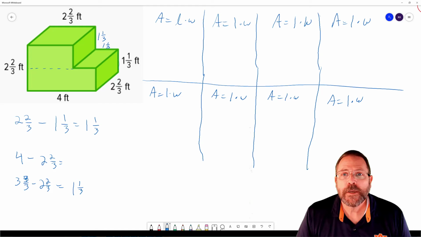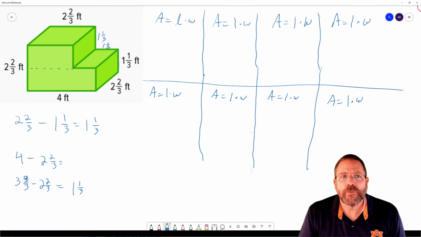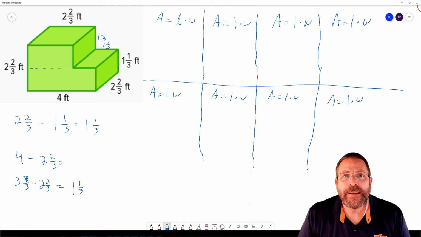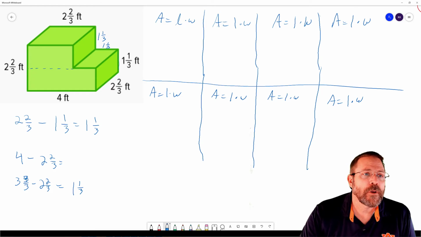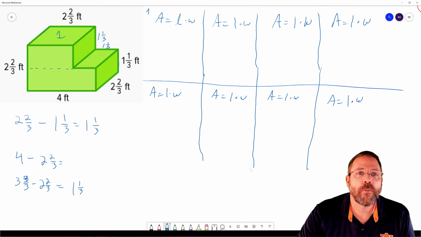Okay, you can see I've laid out 8 formulas for areas of rectangles because there's 8 rectangles I've got to find the area of. So let's get started with this very first rectangle on top. We're going to call this rectangle 1. It has dimensions of 2 2/3 this way and 2 2/3 this way as well.